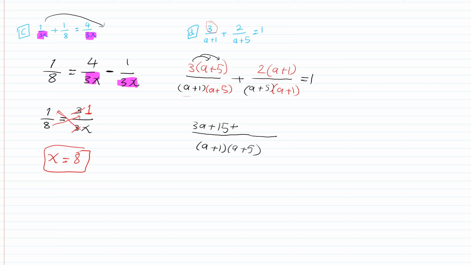We have 2 times a is 2a, and 2 times 1 equals 2. On the other side we have only 1. Okay, simplify the numerator. We get 3a plus 2a, like terms, so it will be 5a, and 15 plus 2 equals 17, right?